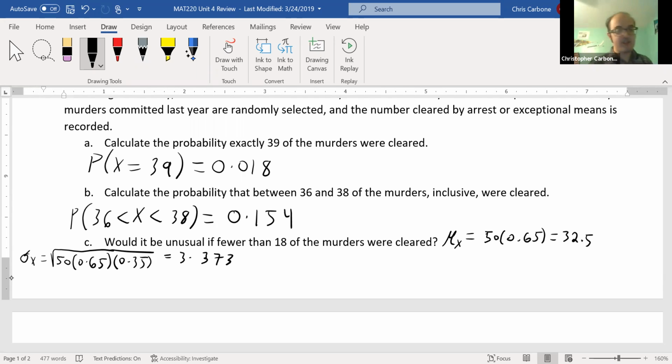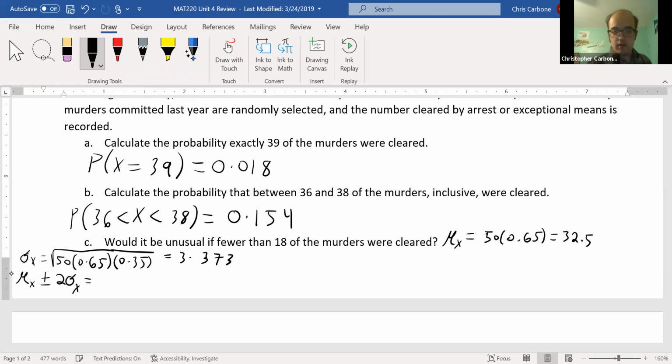And whether or not this is unusual will depend on the values from the mean plus or minus 2 times the standard deviation. Based on those usual values, due to this being an approximation from the normality assumption, since our sample size here is indeed 50, when we multiply 50 times p times 1 minus p, we get a value greater than 10. So we are good for this.